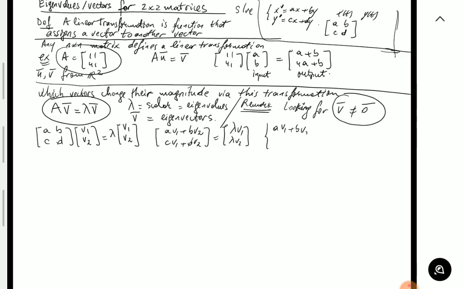AV1 plus BV2 equals lambda V1. CV1 plus DV2 equals lambda V2.